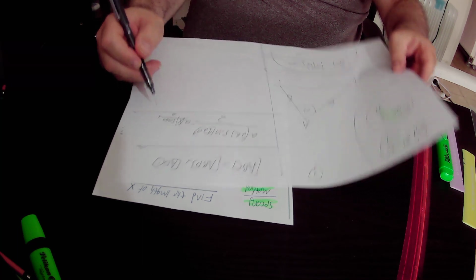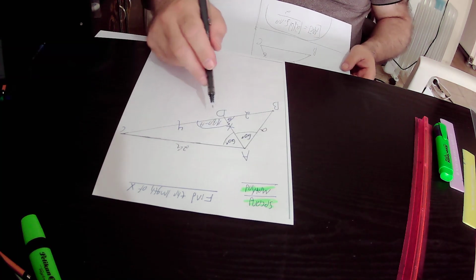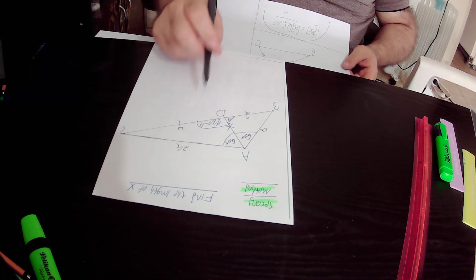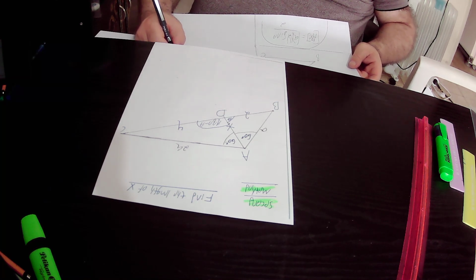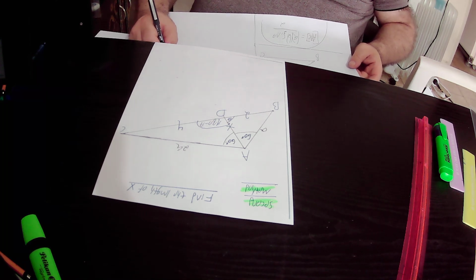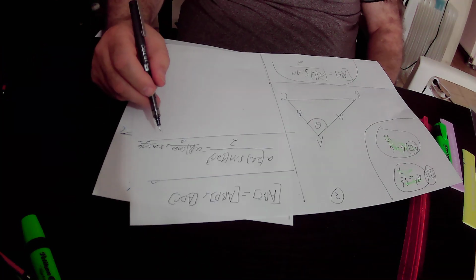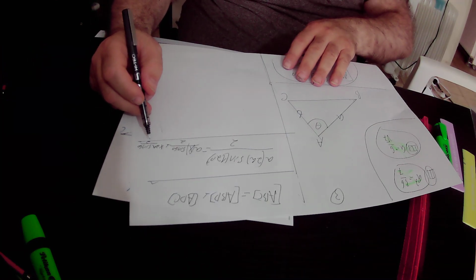And what is the area of triangle ADC? According to the new formula, the area of triangle ADC equals X times 2A times sine 60 degrees over 2.